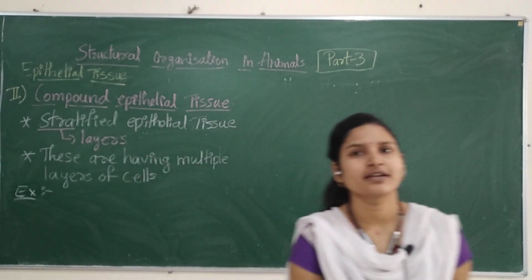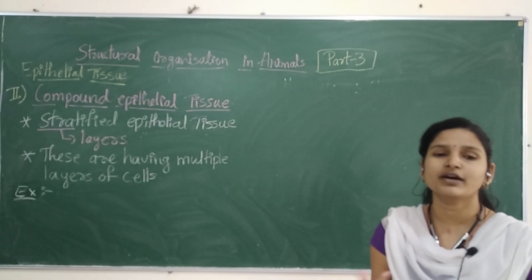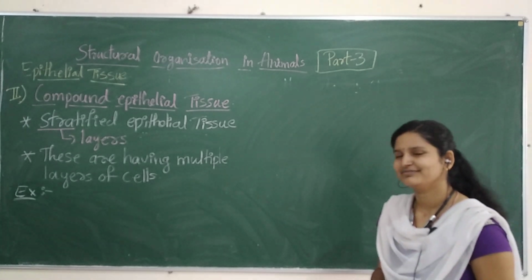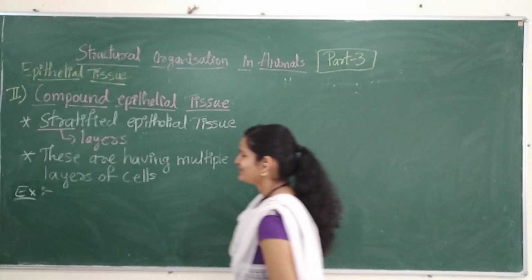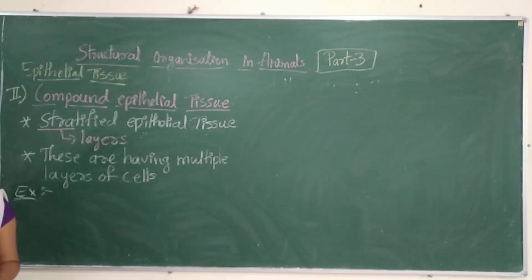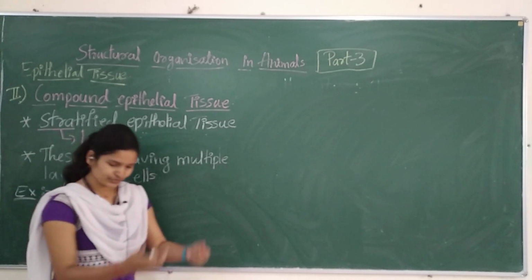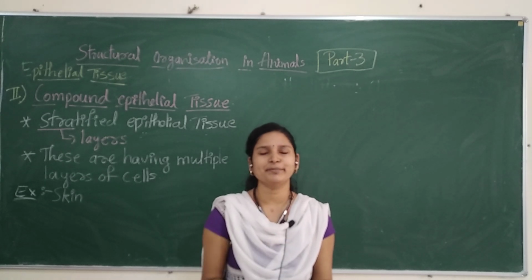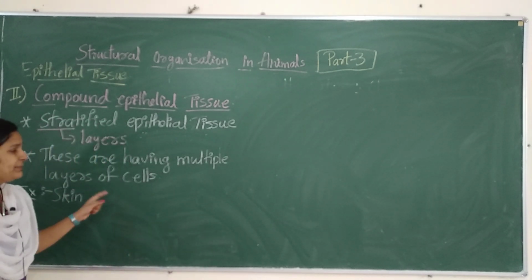So let it be, tell me, skin is whether a simple epithelium or compound epithelium. If I ask for an example again, you won't answer. Why is it a compound epithelial? See, try to remember the easier one. It's an outer covering. Whenever you look at your body, the skin is visible. Remember at least what you can see with your eyes. Why is skin a compound epithelial tissue?